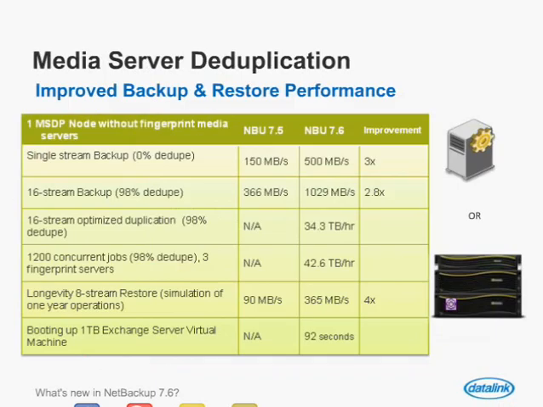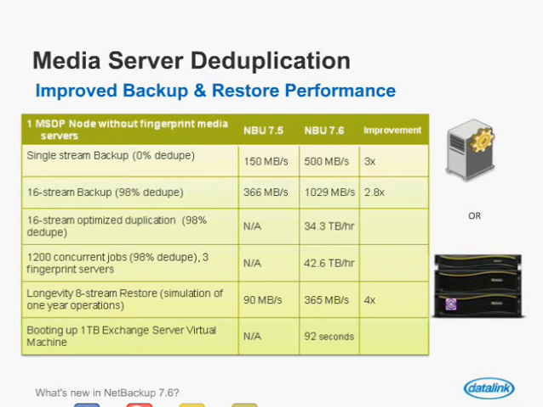I mentioned that the media server dedupe performance has changed, and here you can see a wide variety of performance enhancements. The way they did this is, for deduplication, you have a lot of metadata that sits out there. The database that manages that metadata has been updated in 7.6 to operate more efficiently.